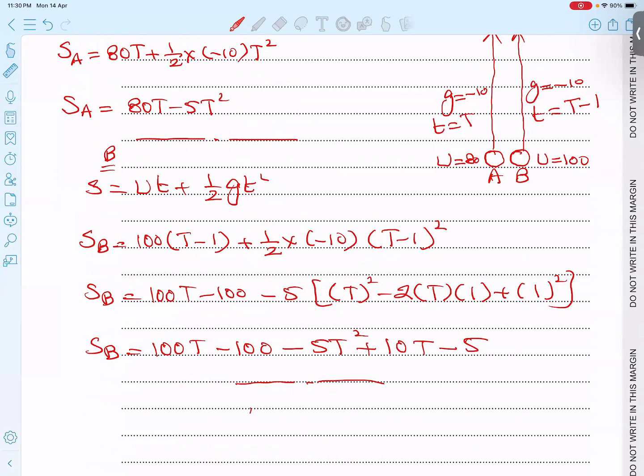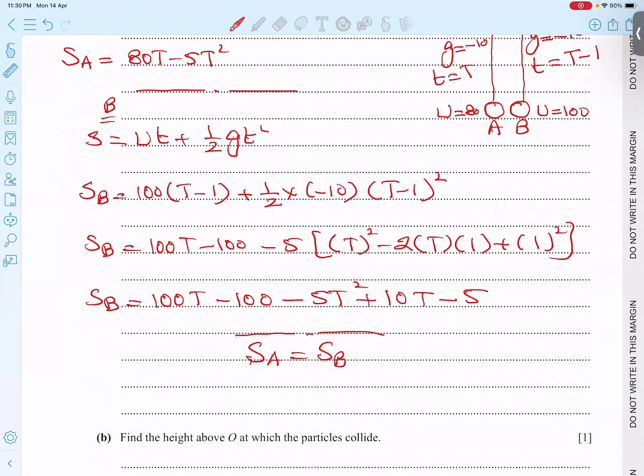Now, according to the situation, as we know, the distance by A and the distance by B, I mean, both heights are equal to each other. So I'm writing 80t minus 5t to the power 2 equals negative 5t square. I copied from here. And this 100t and 10t become 110t, and 100 and this 5 becomes negative 105.